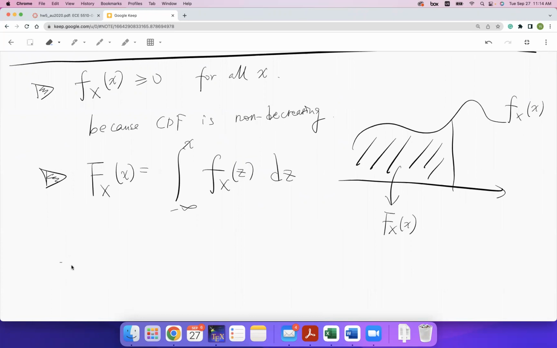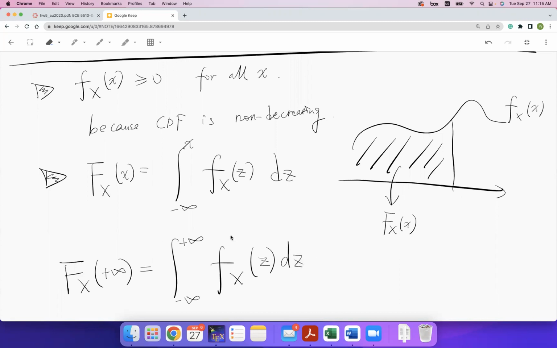For the CDF, we know that at infinity it equals 1. If this random variable has a PDF, this means that the integration of this PDF over the entire real line should be 1.